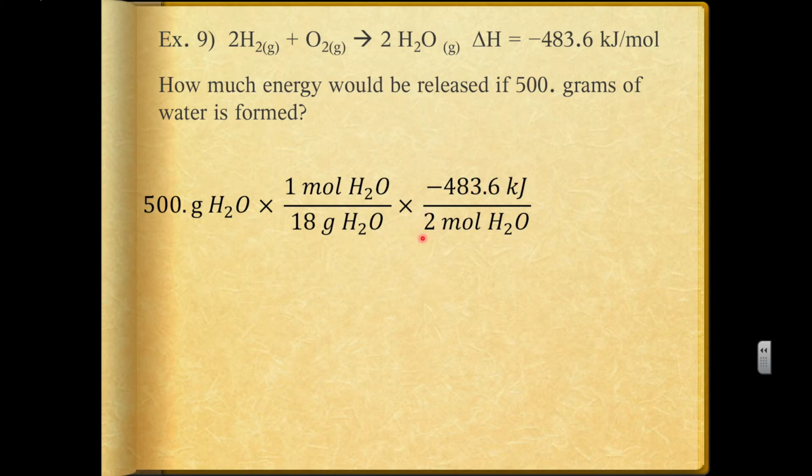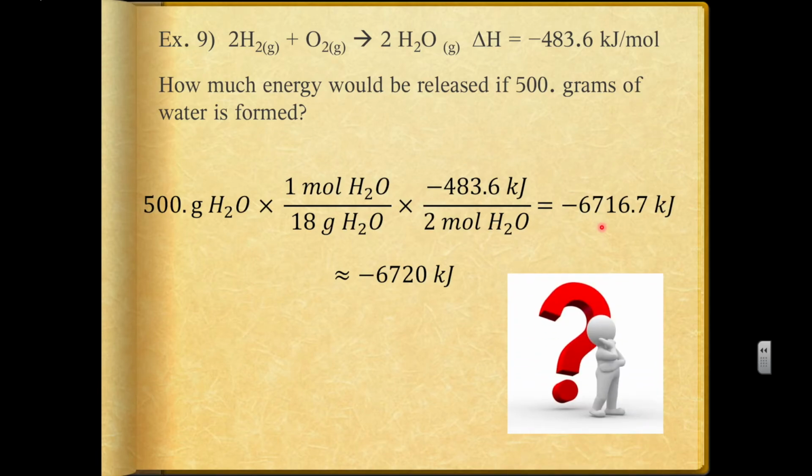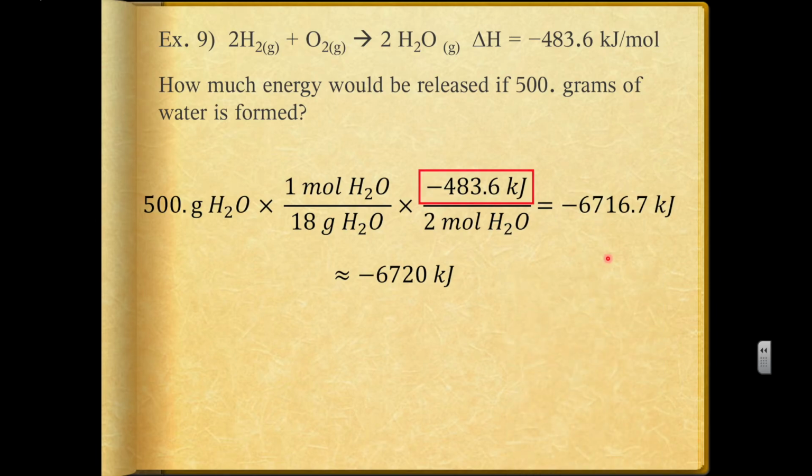And what's funky about these different types of reactions is that you won't always put a 1 here. You're going to put this 2 right here. And I'm going to work out my math here, and I'm going to get negative 6,716 kilojoules, which rounds to negative 6,720 kilojoules. Okay, so you might be asking yourself some questions.